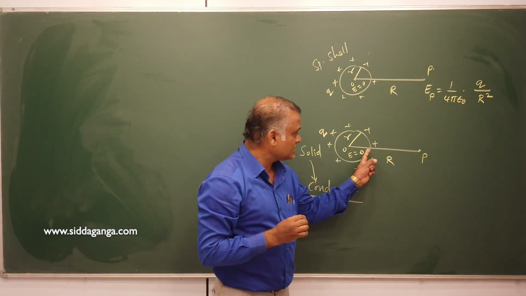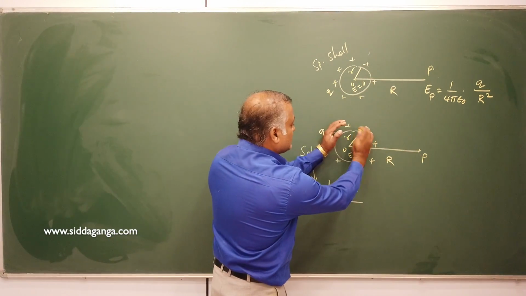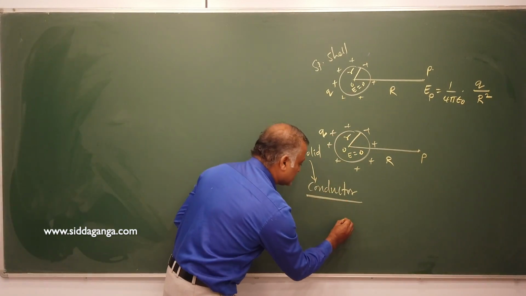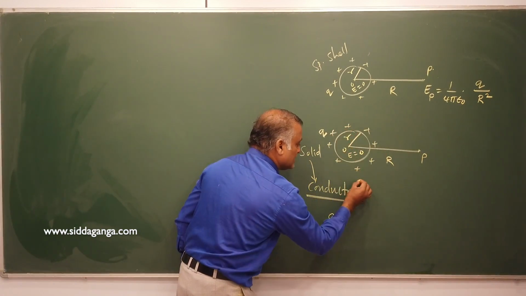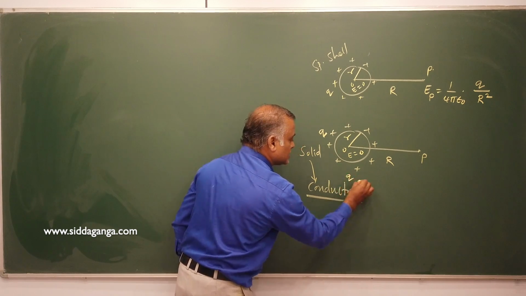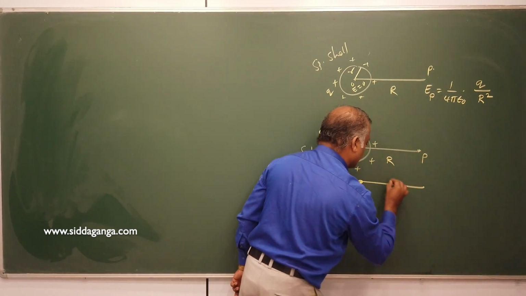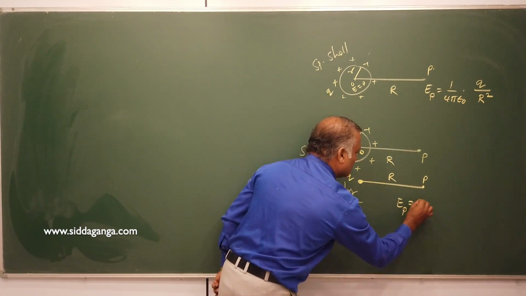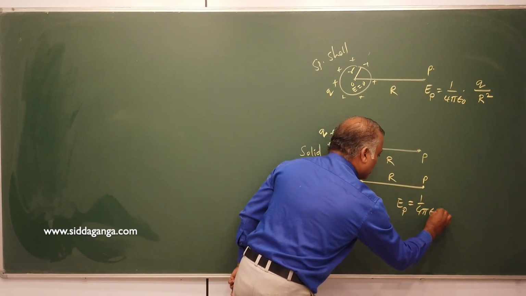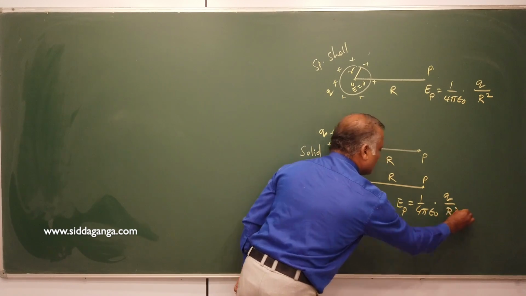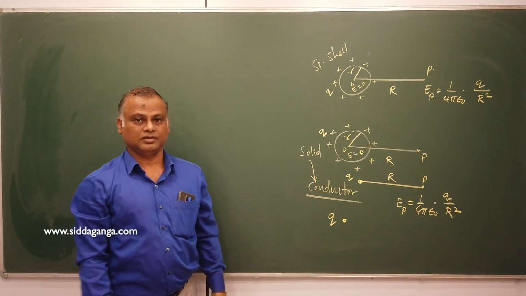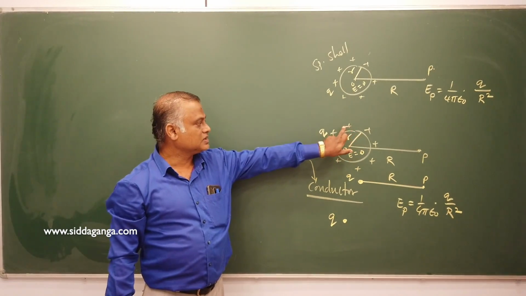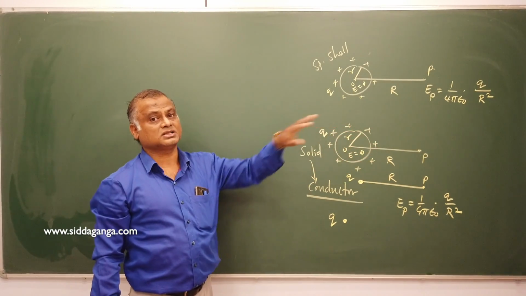When the point lies outside the surface, you must feel that this solid sphere is a point charge. This entire charge is replaced by a single charge Q at a distance of R from point P. Write the same formula.